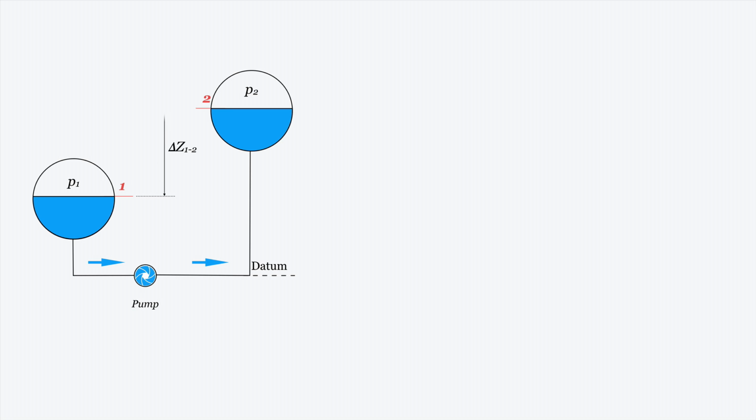This is the difference in geodetic head, although of course the more important term here, the term that has more influence, more impact on the required head by the system, will be the static pressure rather than the geodetic head, especially in the case I mentioned before.